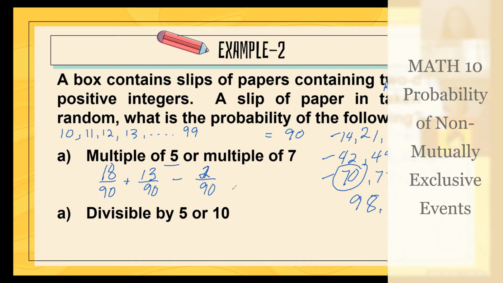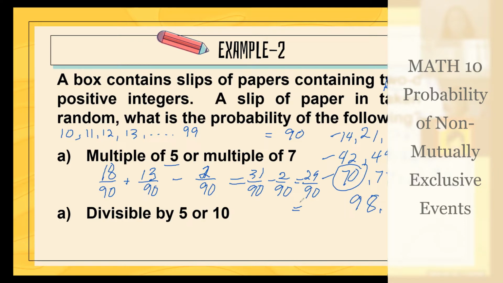So minus 2 yan. Okay, let's answer now. 18 plus 13, 30, 31. Tama? So 31 over 90 minus 2 over 90. 31 minus 2, 29 ba? Okay, please check. Double check our answers.